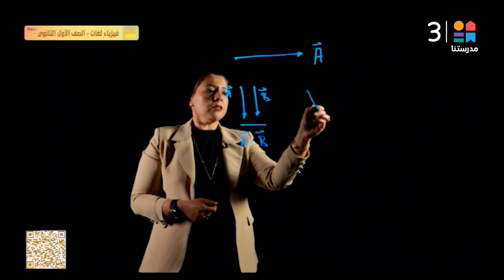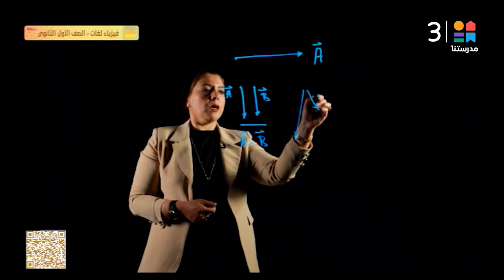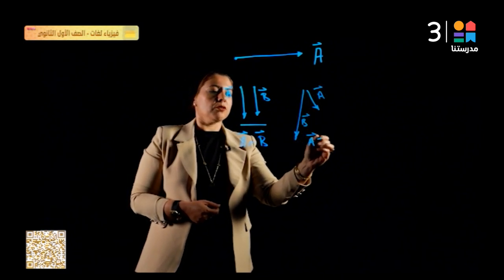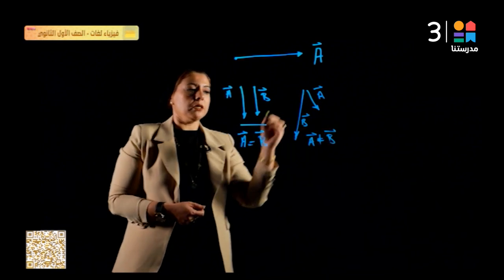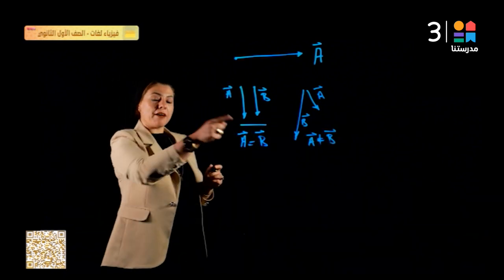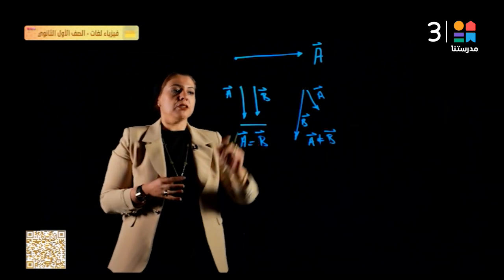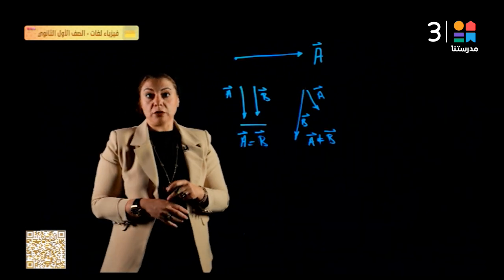But in this case, vector A doesn't equal vector B, because they don't meet the two conditions. They have neither the same magnitude nor the same direction.